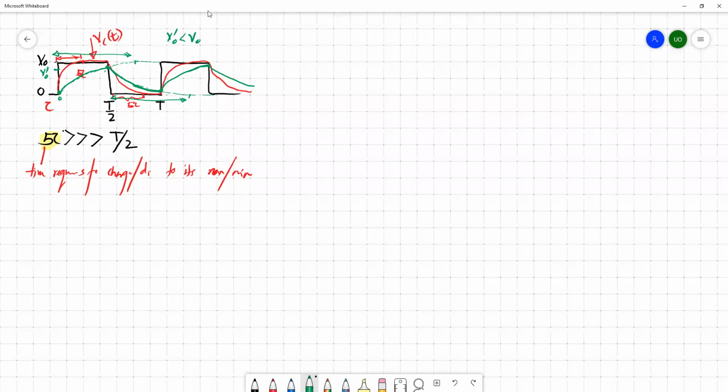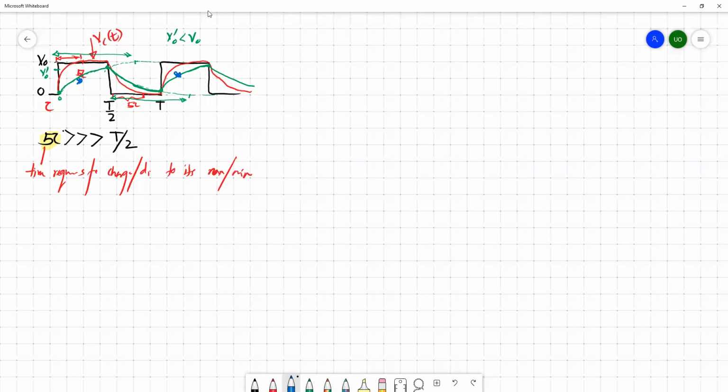Similarly, the discharging points are also the same, because the time constant is the same. It means we never change the resistance and the capacitance of the circuit, so the shape of the profile, or the gradient of the profile, is the same throughout the process. This profile is V naught e to the power minus t over RC.